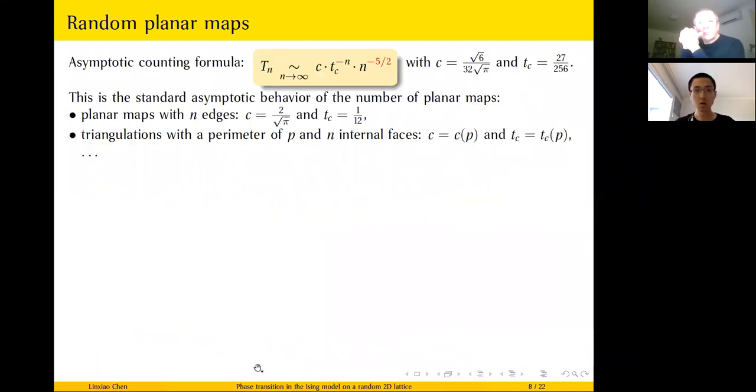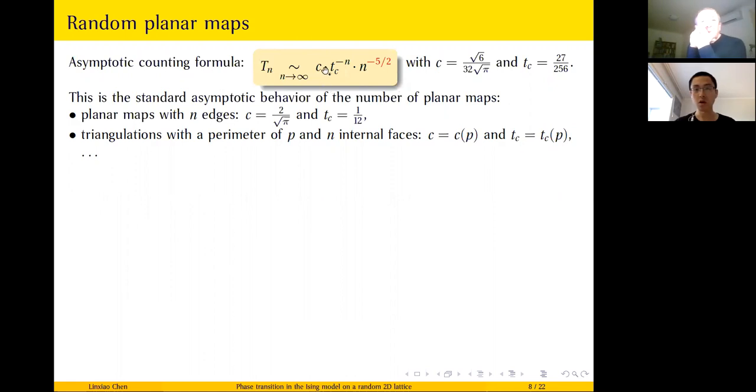One nice thing about random planar maps is that the counting of these objects is relatively simple and now largely understood. For example, the number of triangulations of size n has this asymptotic formula.